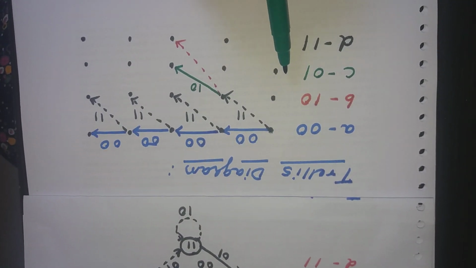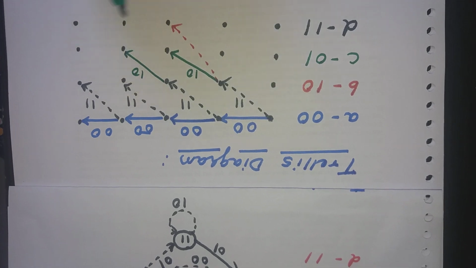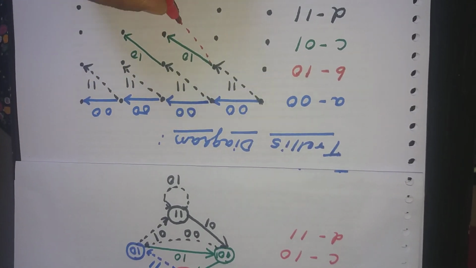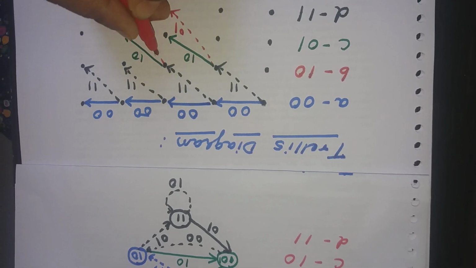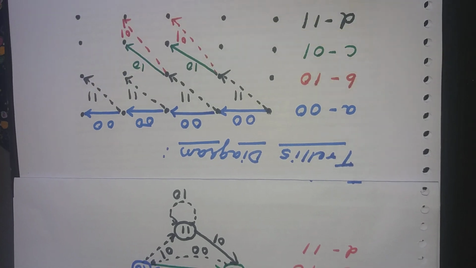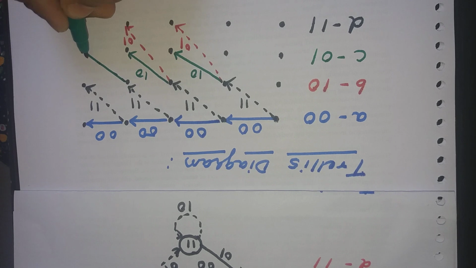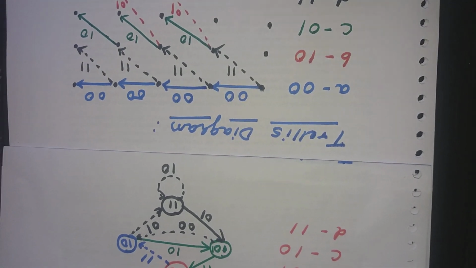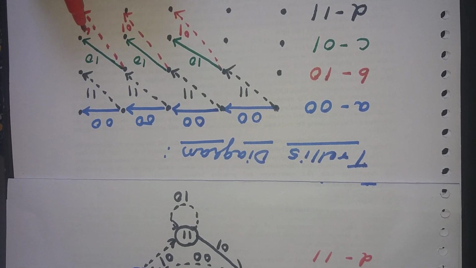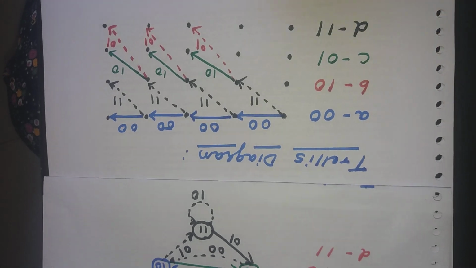So from state 1 0, we repeat this. Now we have completed the trellis diagram for 2 states.